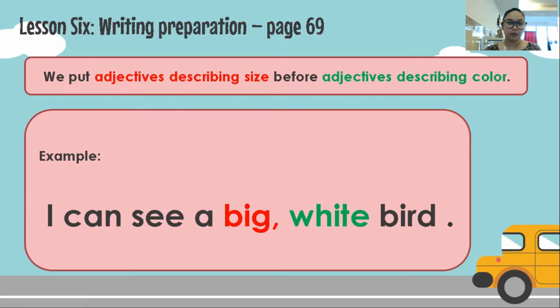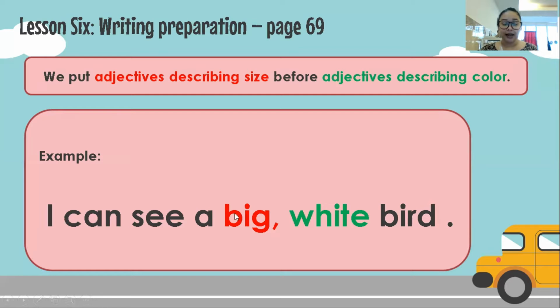For example, we have here our example sentence. I can see a big, this is the size, white, this is the color, bird. Okay, I can see a big white bird. So that means the size always comes first before the color.